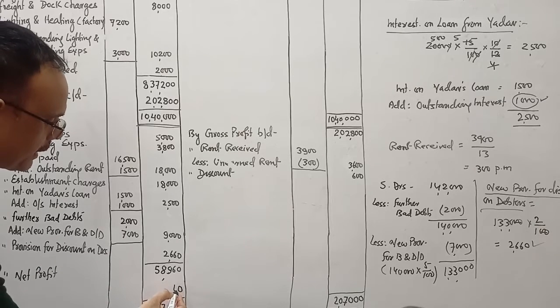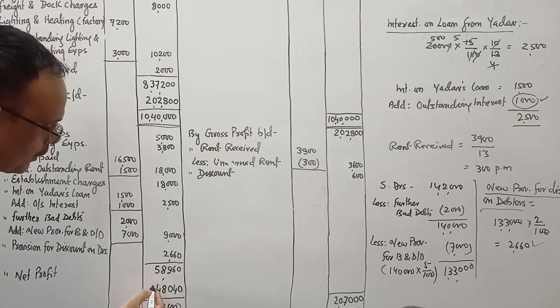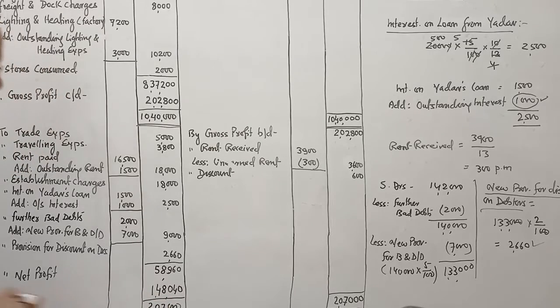So the difference amount is 1,48,040 rupees. 1,48,040 rupees is the net profit.